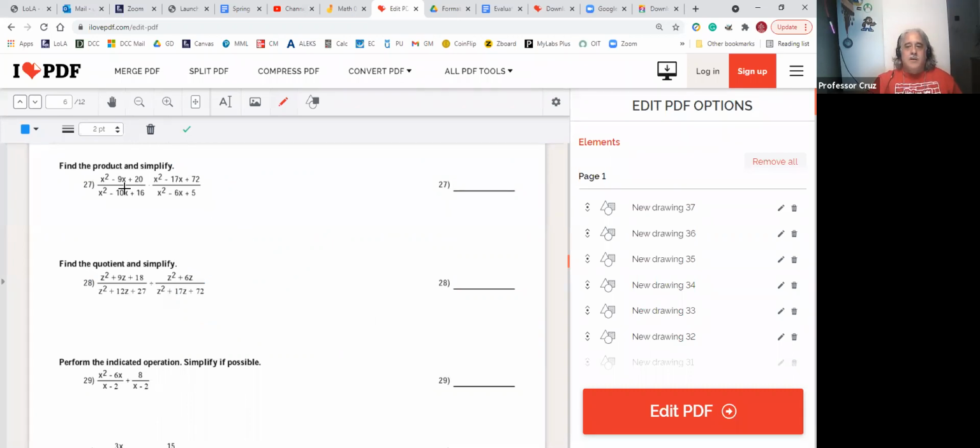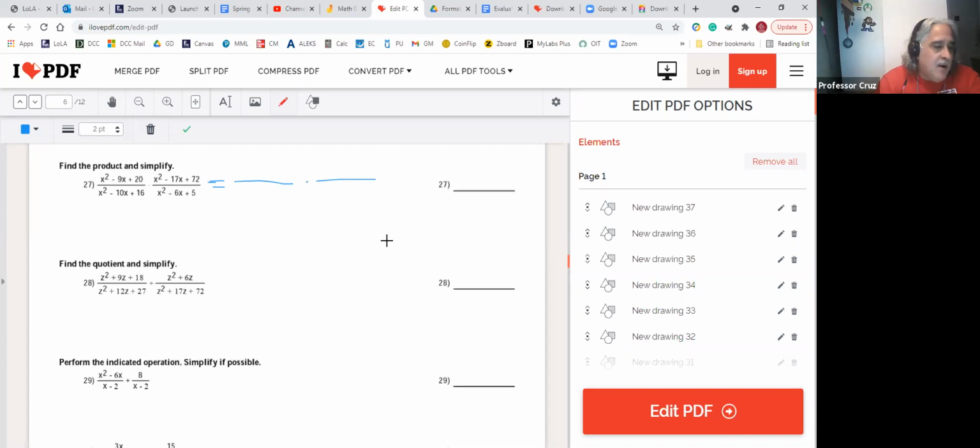All right, so these are find the product and simplify, find the quotient, and then we have a couple of additions. For the most part, the way it works with multiplication, if you just factor them, you can strike out some of the common factors.